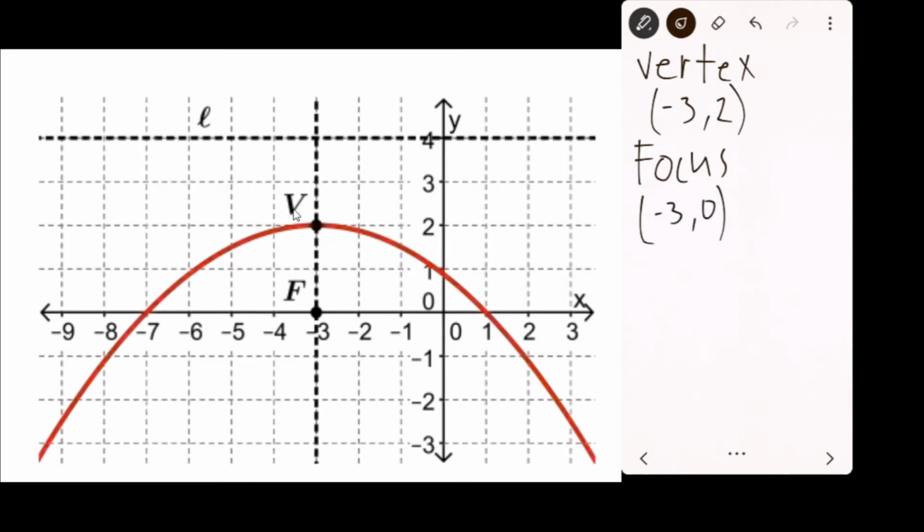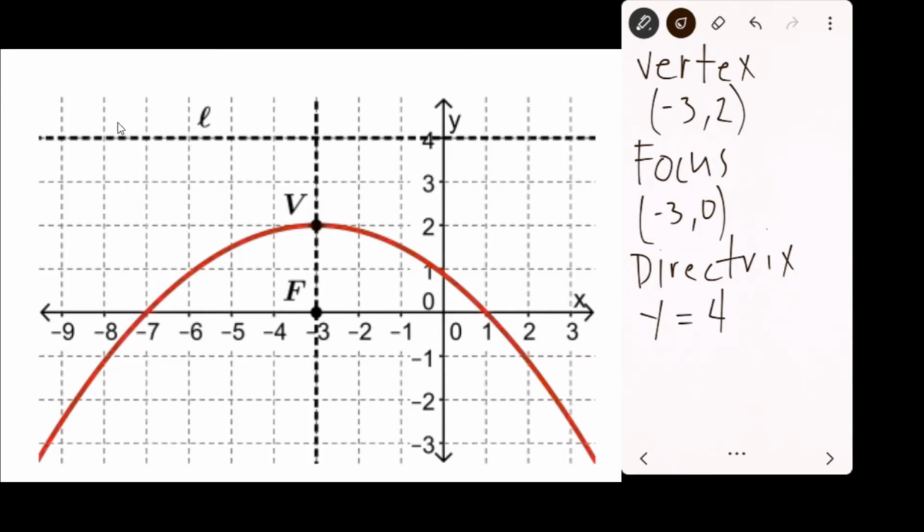And we have the directrix here. It's a horizontal line, so it's y equals 4.